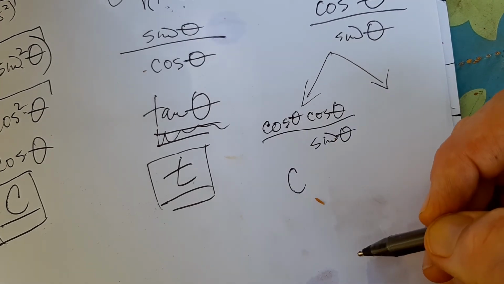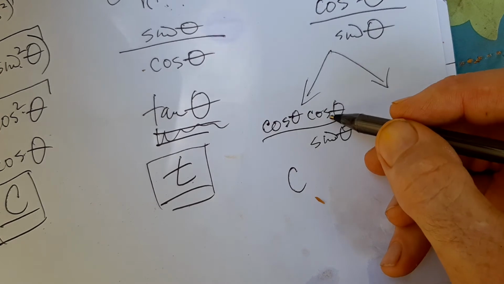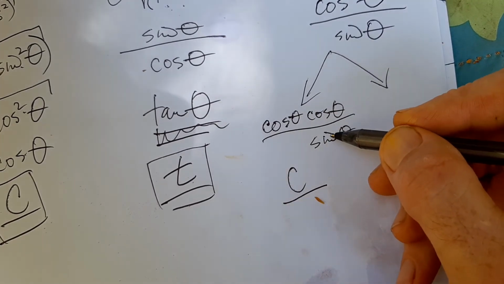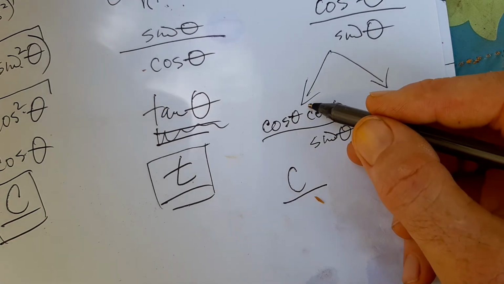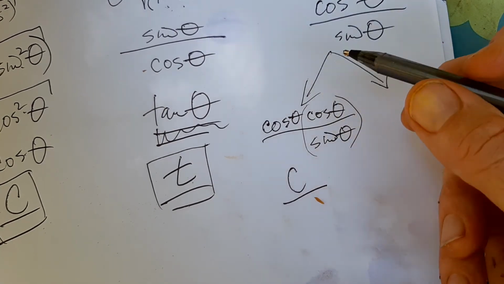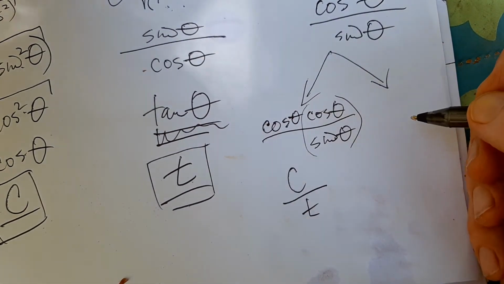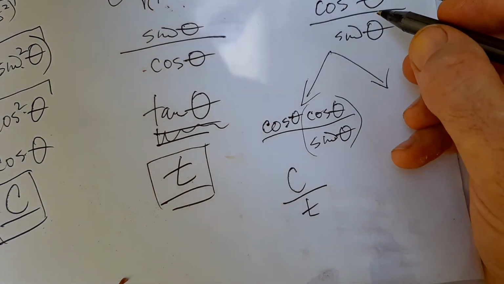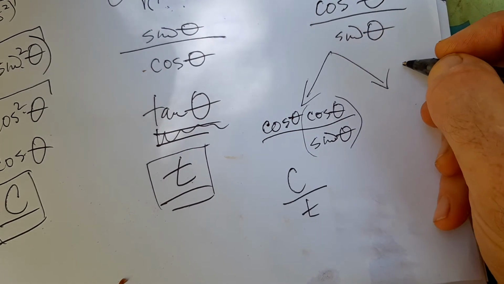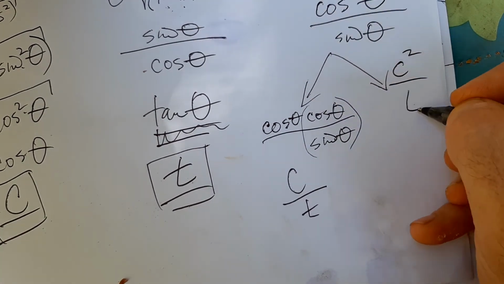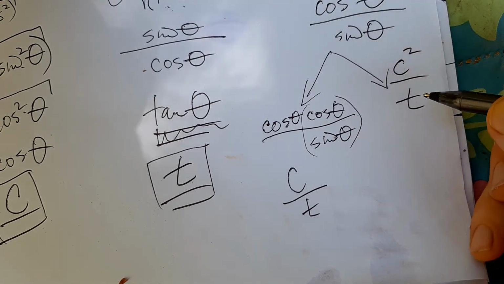Oh, that's cotangent. It didn't give me something. I'm sorry, it'd be 1 over. Yeah, this is the inverse, right, of t. So t would be on the bottom. Let's see if I get the same thing over here. So cosine squared would be c squared over t. Yeah, so it's easier if you substitute first.